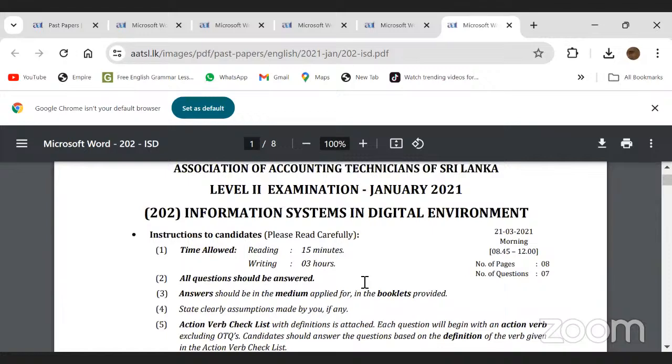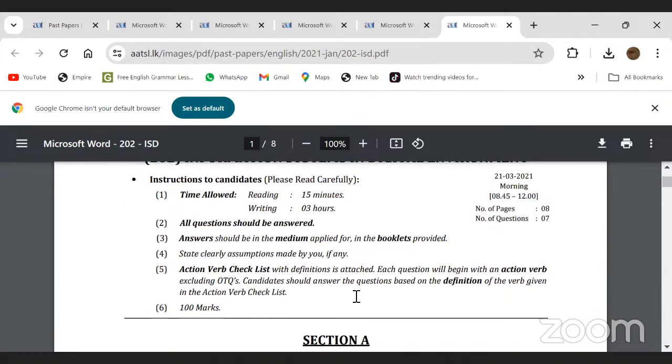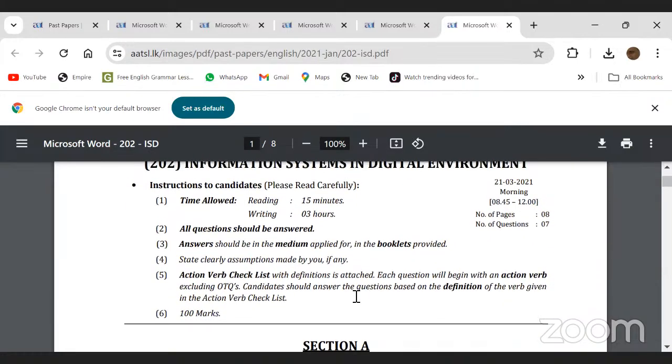This is a 100 marks paper, and you are getting 3 hours and 15 minutes to answer the entire paper. That is up to you, what time you allocate for writing and what time you allocate for reading. Anyway, try to use the entire 3 hours for writing. You have to answer all questions.